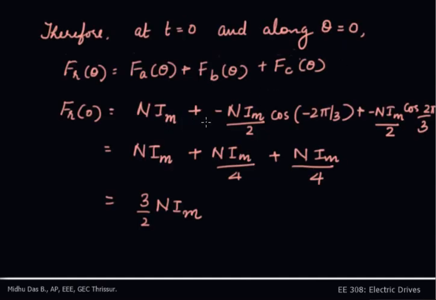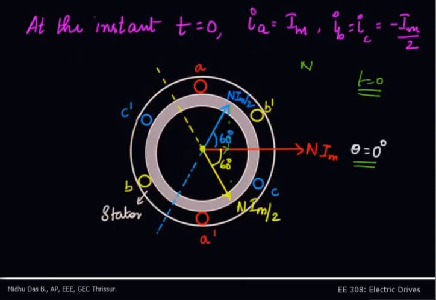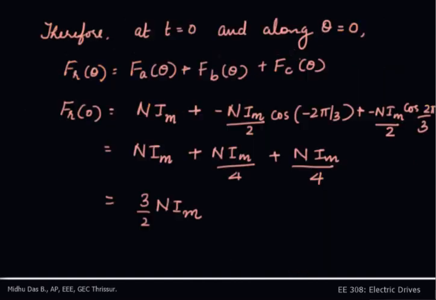So here you get Nim plus Nim by 4, the component of Nim by 2 along this direction, this component. This is Nim by 4, that is Nim by 2 cos 60. And this is 3 by 2 Nim. So at t equal to 0, along theta equal to 0, the magnetomotive force Fr of theta at theta equal to 0 is 3 by 2 Nim.